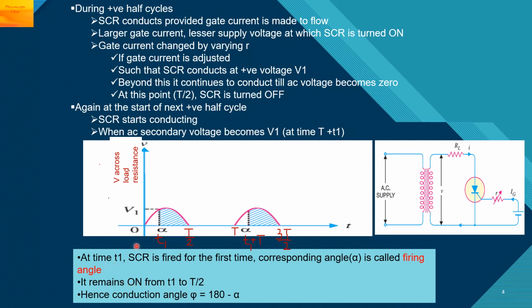At time T1, the SCR is fired for the first time. The corresponding angle, which we denote as alpha, is called the firing angle. It remains on from T1 to T by 2. Hence the conduction angle phi can be given as 180 degrees minus alpha.